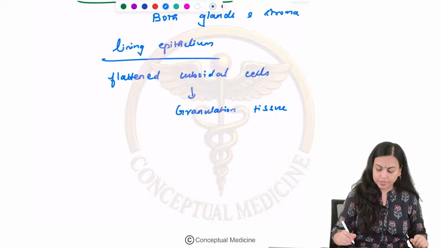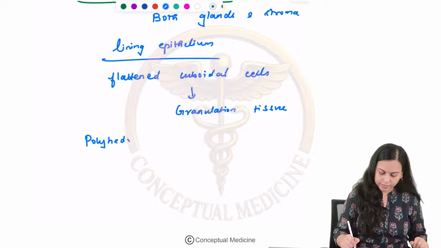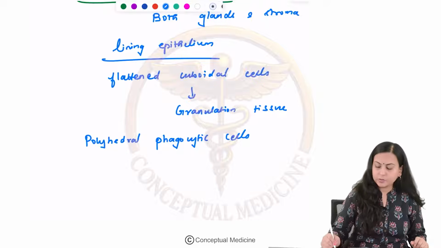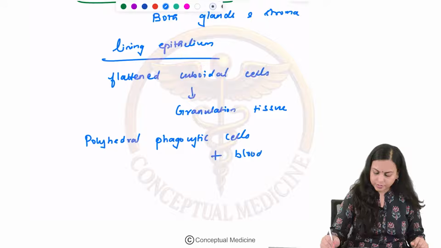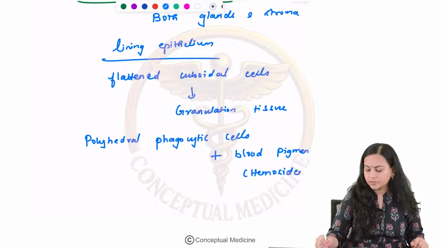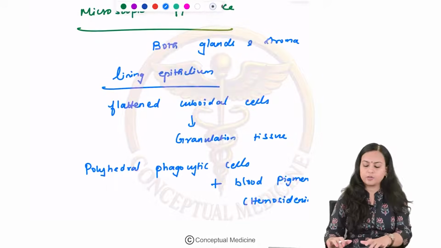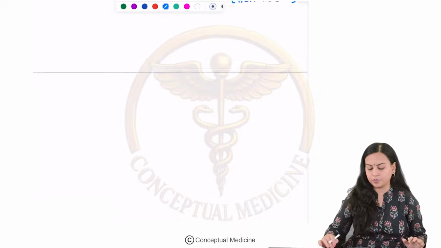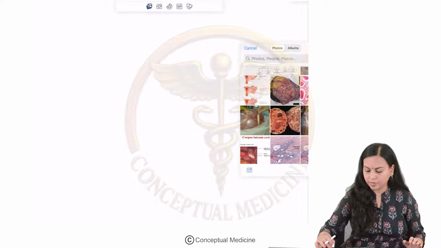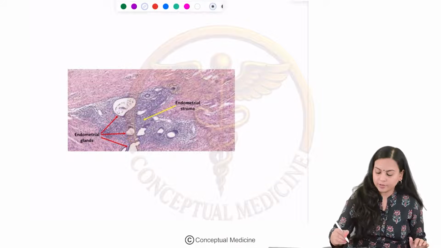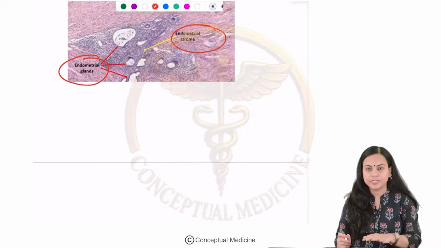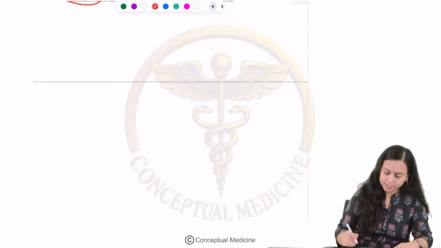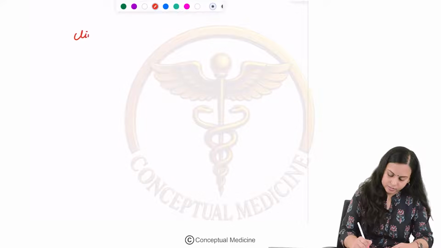Adjacent to this you will be able to see several polyhedral phagocytic cells laden with the blood pigment hemosiderin. So, this is how the microscopic picture of endometriosis will be. You will be able to see both the glands and stroma of the endometrium. That point should be clear, right? So, this is a microscopic picture where you are able to see the endometrial stroma as well as the endometrial glands. Now, let us see the clinical features with which these patients can present.